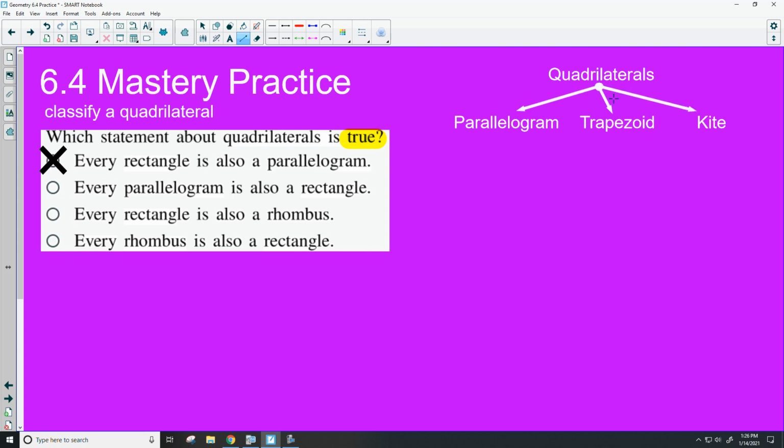They all have 4 sides. They're all quadrilaterals. If it is a parallelogram, then it could be special, and it could be a rectangle, or it could be a rhombus.